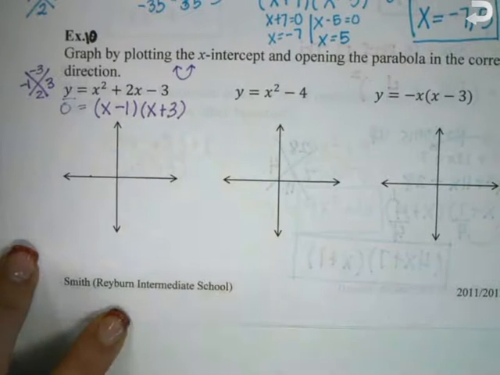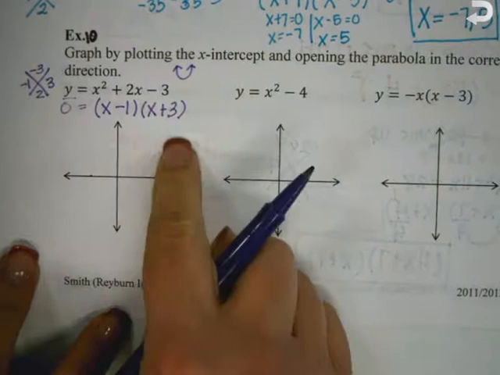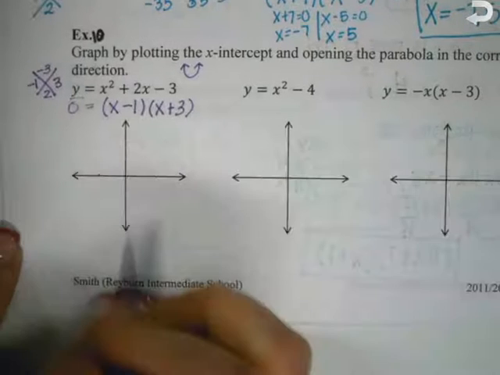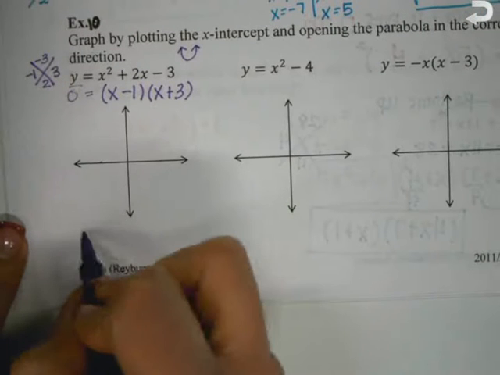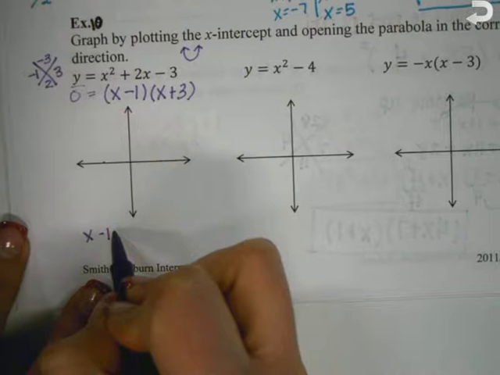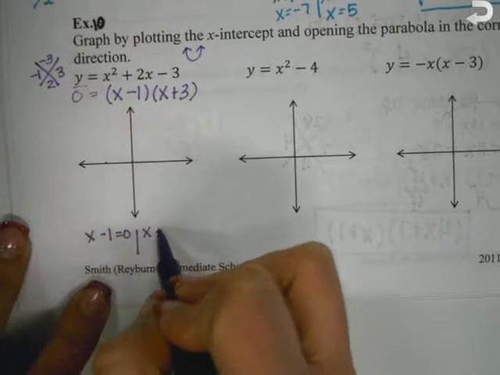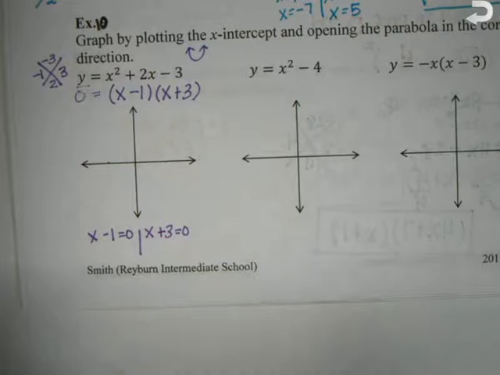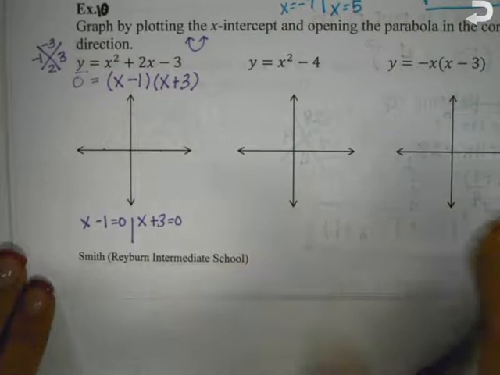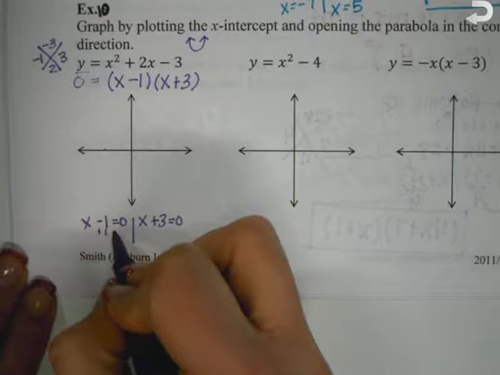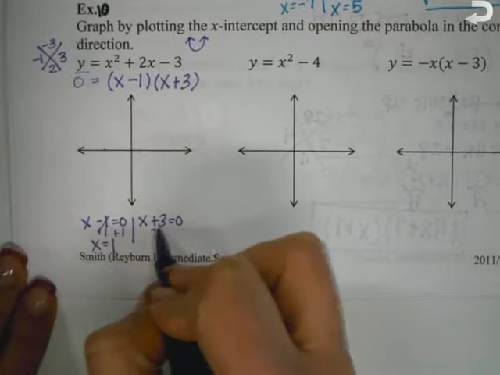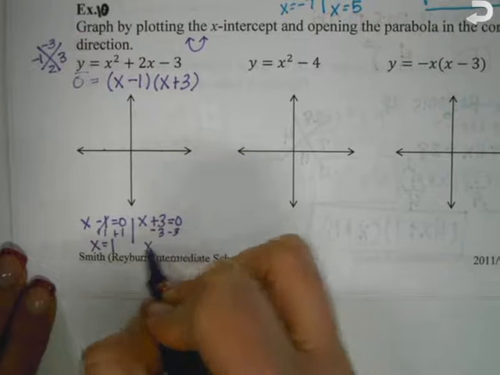So we set them each equal to 0. So I'm going to do that right below the graph down here. So x minus 1 equals 0. X plus 3 equals 0. Just like we did earlier. And then on the left, I add 1 to both sides, and I get x equals 1. And on the right, I subtract 3, and I get x equals -3. So those are my two x-intercepts here.